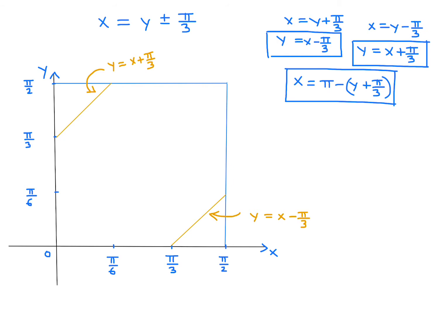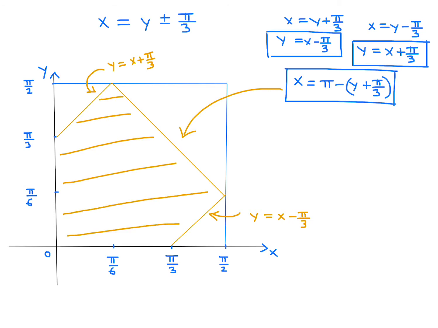And that one will basically be across like this from here to here. And that is representing that equation. So now our area is really what's in this region right here. That is the area we need to figure out. Okay, that shouldn't be that hard.